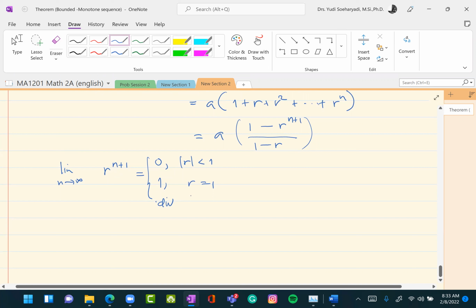R equal to negative 1 is divergent, or R is bigger than 1.